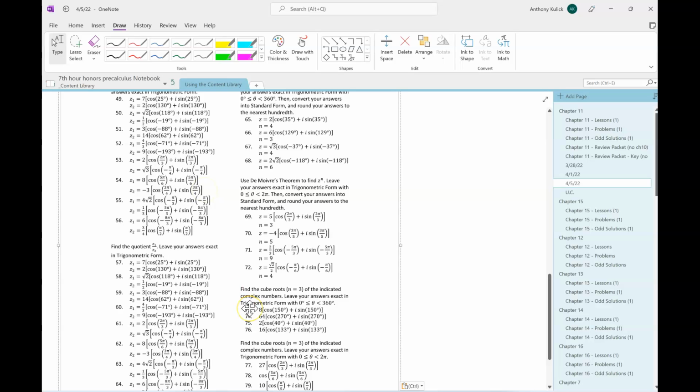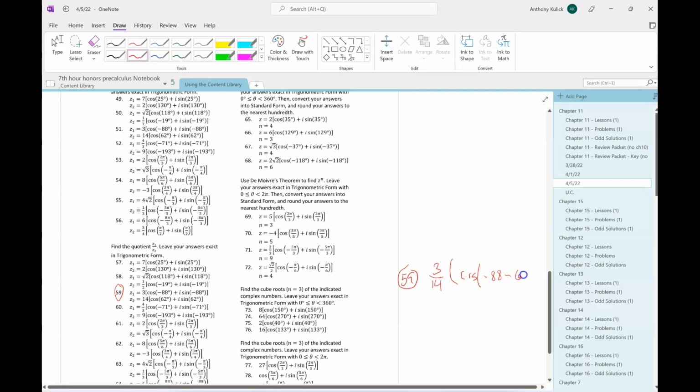All right, so it just wants us to do the quotient. In trigonometric form, that's going to be r1 divided by r2 times the cosine of theta 1 minus theta 2.